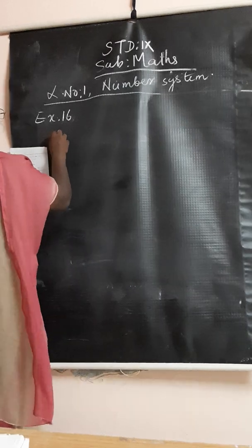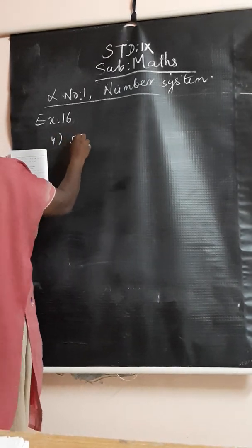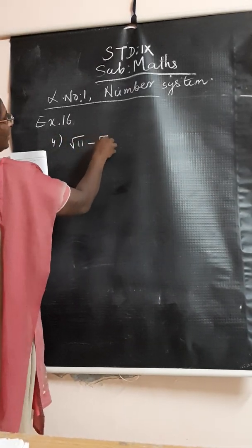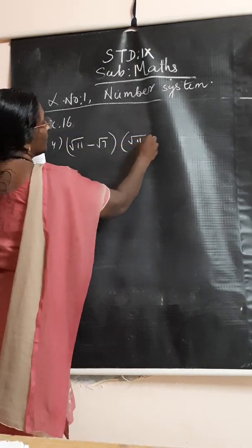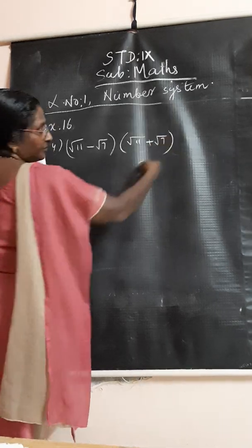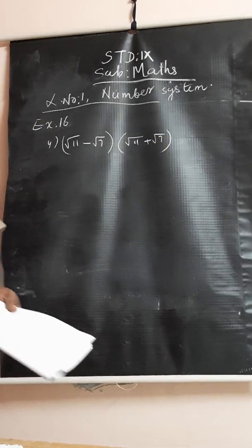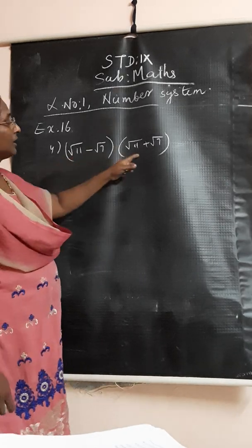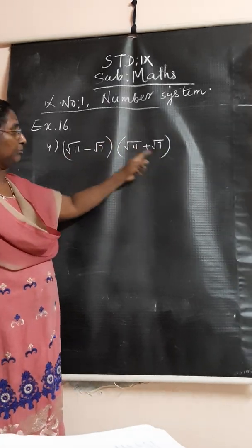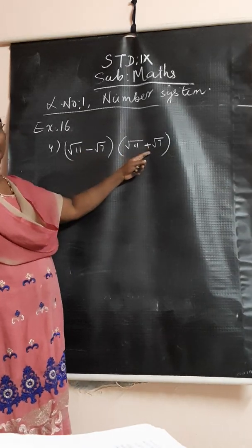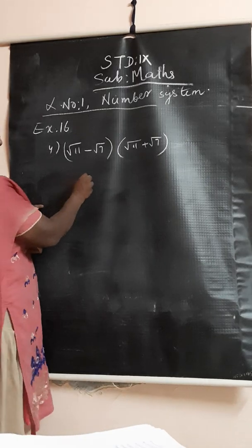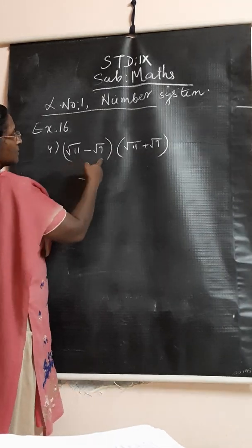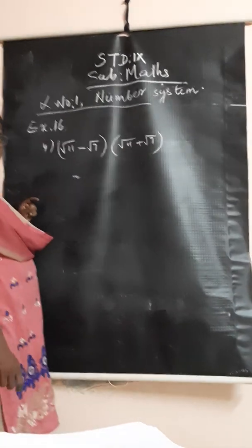Fourth question: root 11 minus root 7 into root 11 plus root 7. Okay. So the first term is the same, the second term is the same, the middle sign is minus here and plus here. So what will we do? The a plus b into a minus b form, that is a square minus b square.